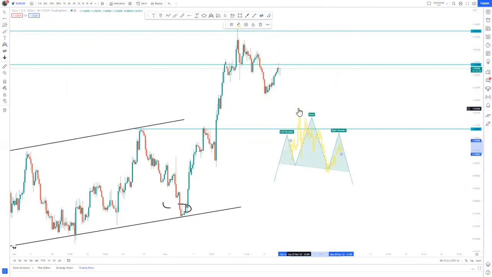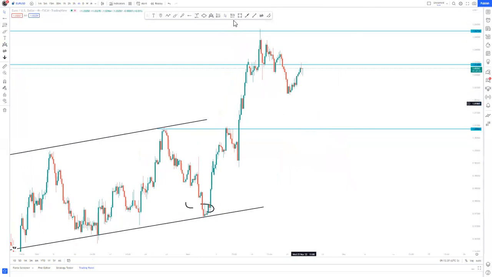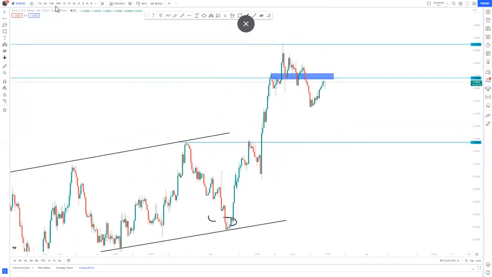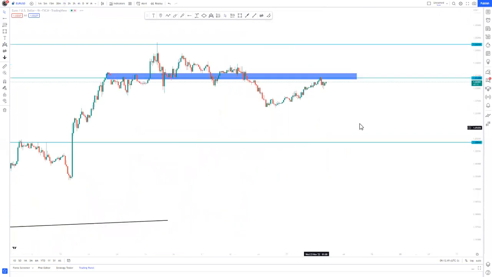You need to see those patterns. So when it's a head and shoulders, we can use a zone to highlight this zone. So now Euro USD, in your entry level, we're going to go to the 1 hour.